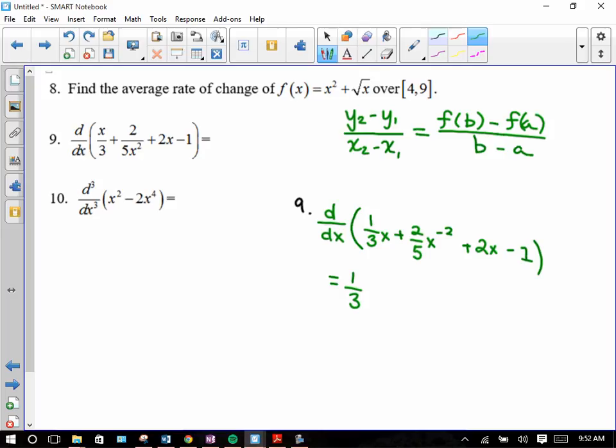Not 2 to 5, just 2/5 times negative 2. Okay, so 2/5 times negative 2 is negative 4/5. Minus 4/5 x. Good. Akira, what about 2x? 2. And then minus 1 goes away because it's a constant.